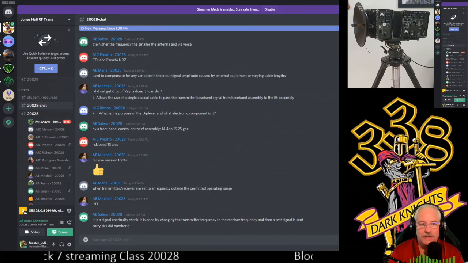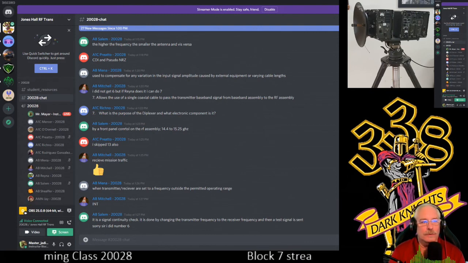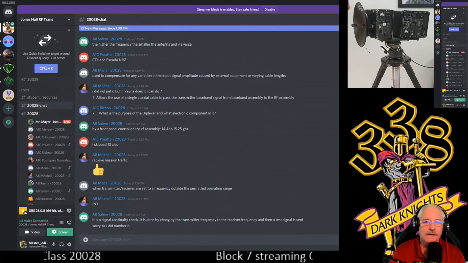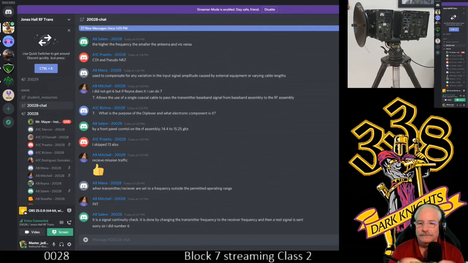Table 4-2 will tell you exactly what the summary alarm light will do on the baseband assembly, which is anybody? Flashes 2 times a second. Exactly. 2 hertz rate, I think is the way they say it.